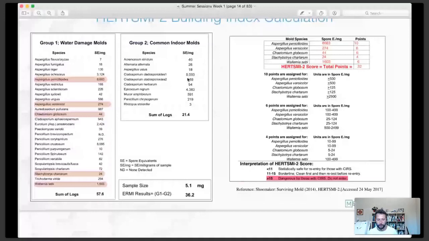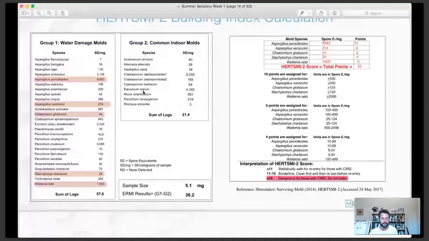Certain plants can give off mold and can cause problems. I had a client that had to get rid of all of her plants because she realized that was one of the main sources of her problems. So you just have to pick these things apart.